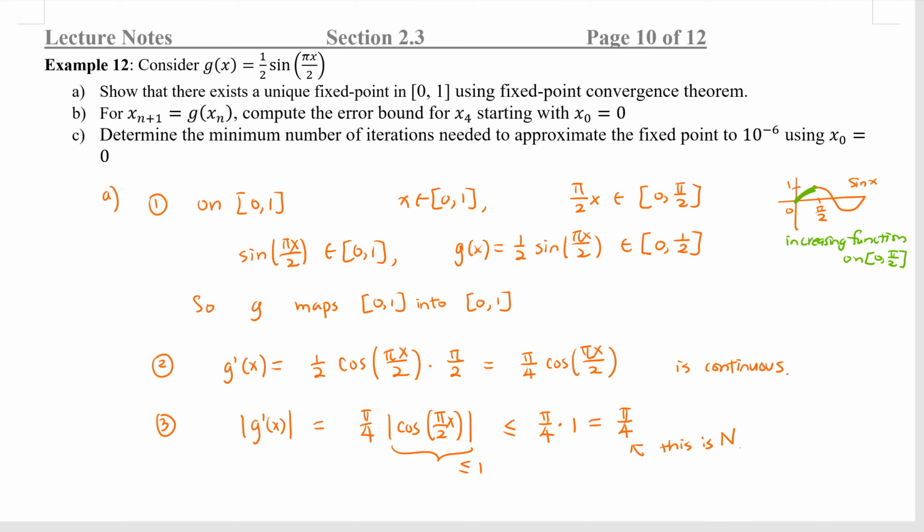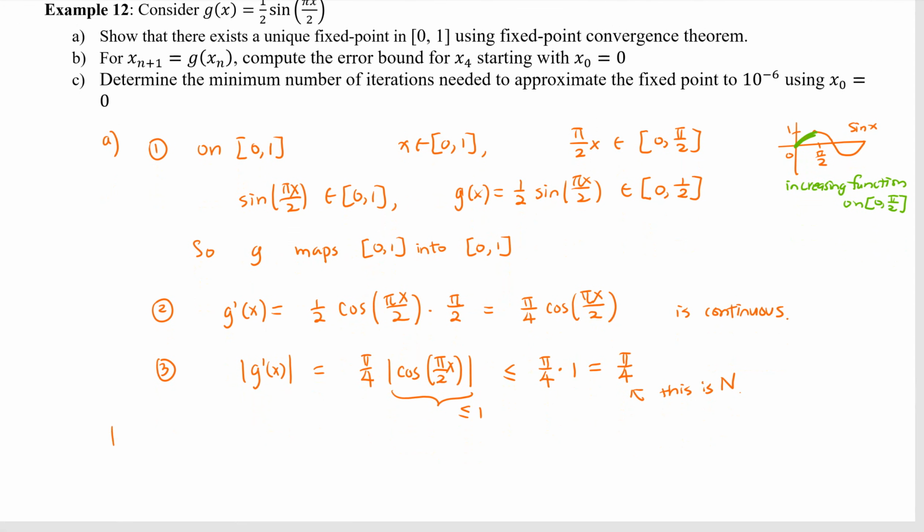So far, so good, everybody. So now we have verified the three hypotheses. Then we can say by the fixed point convergence theorem, g has a unique fixed point in the interval [0, 1]. So far, so good, everybody.